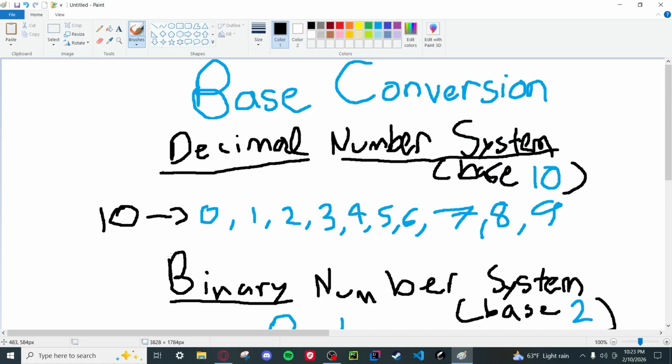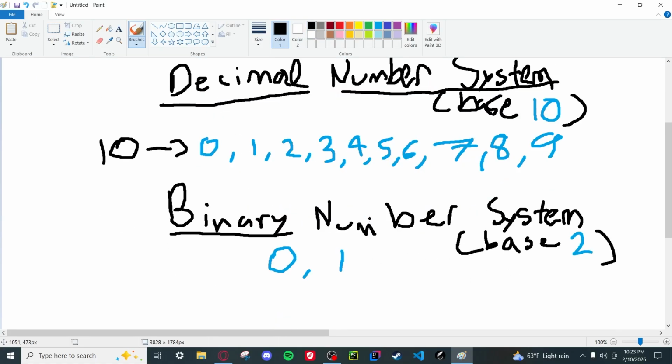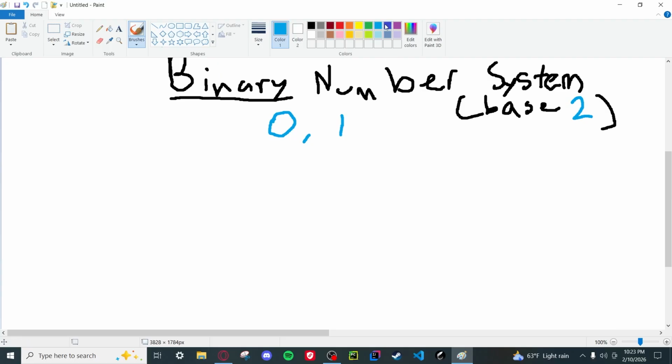Unlike in decimal, where we could use all of these numbers to construct any number we wanted, in binary we are limited to constructing our numbers out of zeros and ones. That's all we get.